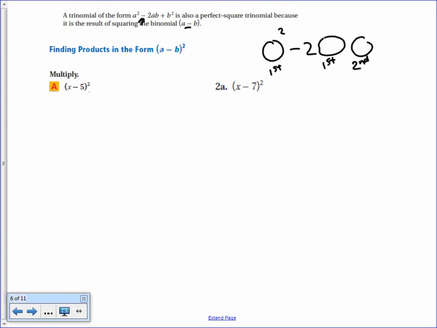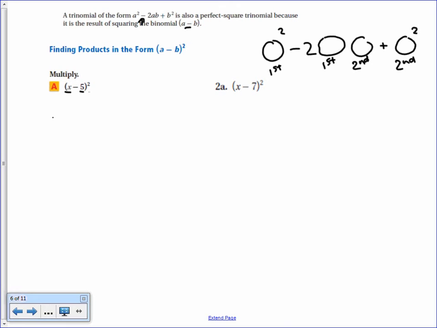Now the way that this is set up, you actually don't need to worry about the sign being with the number. So we're just going to forget the sign altogether. And then plus the second one, squared. So the same thing we've been doing. Again, what's my first term? What's my second term? X and 5. So we don't need to say it's a negative 5, it's just a 5.